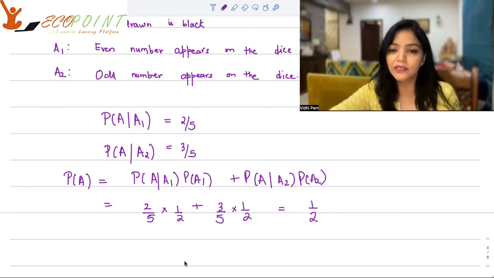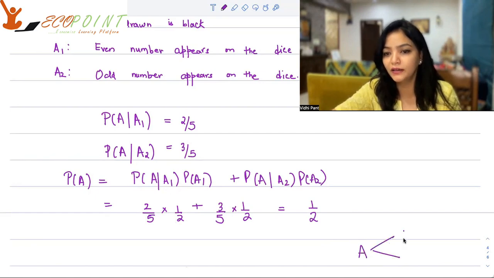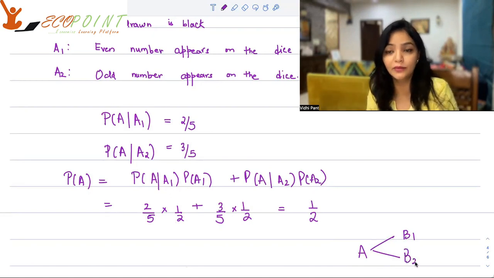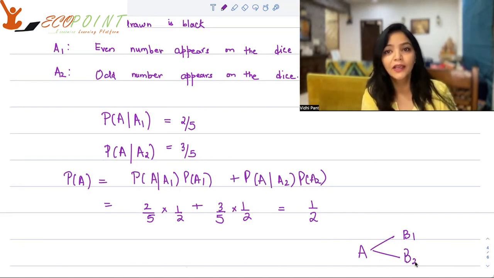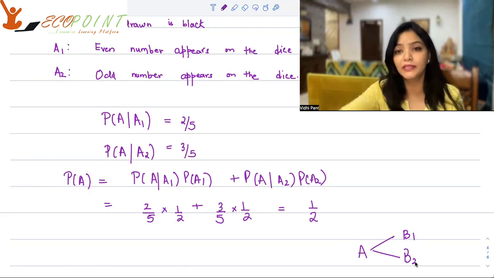So now you have to understand when will you use the concept of total probability? When some event could be attained under a situation of, say, 2 or more events having occurred, okay? Then you use total probability. And wherever you use total probability, the next step is for conditional probability, you will be using something called the Bayes theorem.